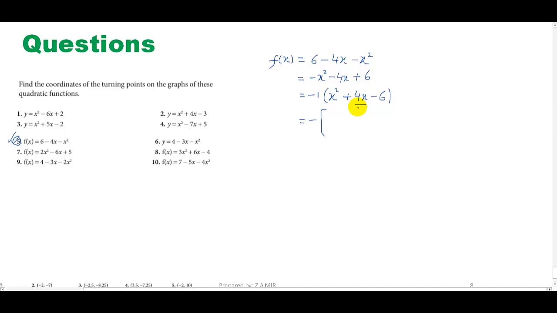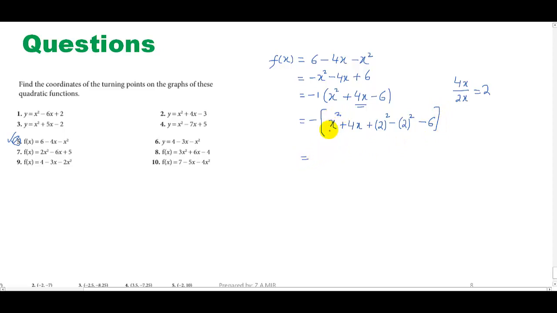So I will divide this by 2x. After simplification, it will give me 2. So x square plus 4x. Now I will add 2 square and then subtract 2 square again, and then minus 6, bracket closed.